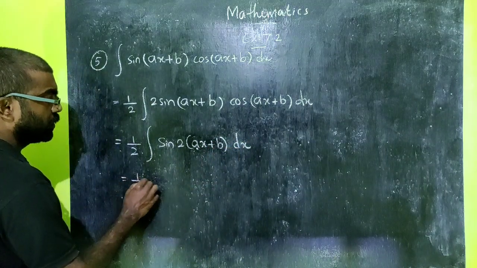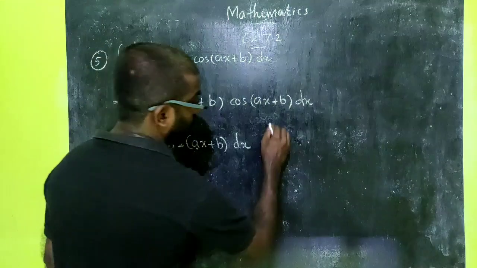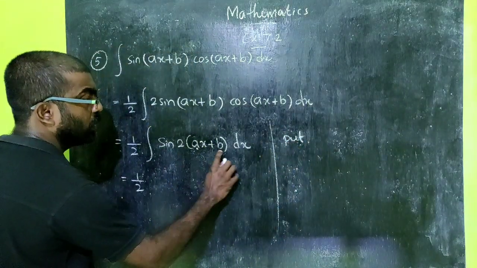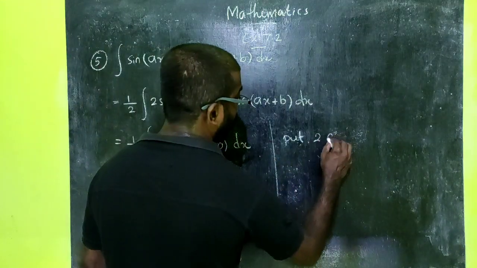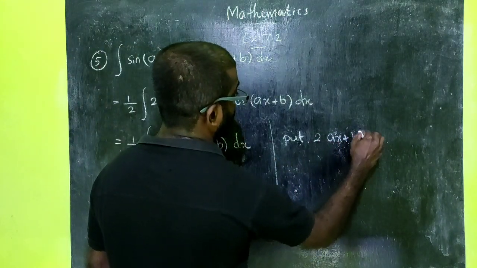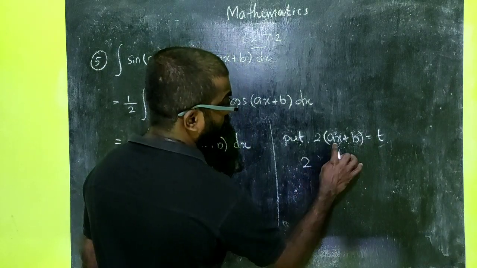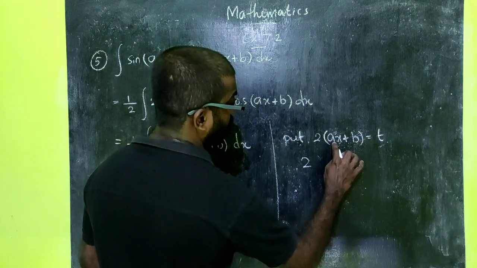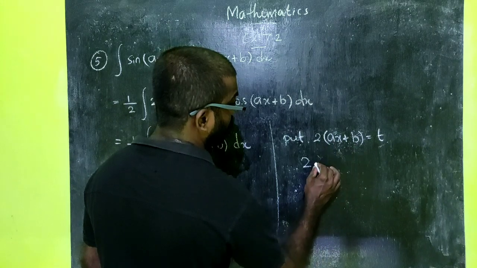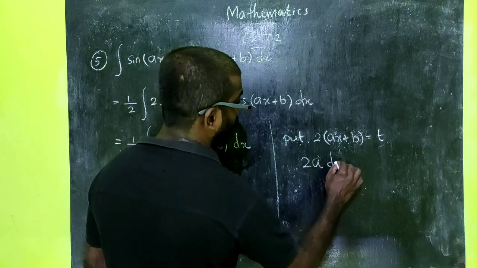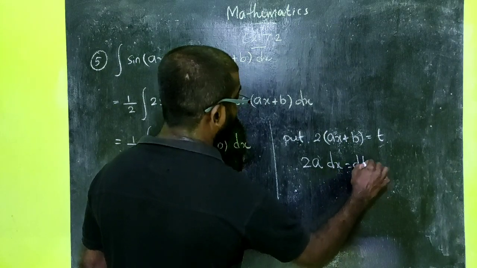Now we can make the substitution. Here we can put this whole term, 2 into (ax plus b), equal to t. So 2 into the derivative of ax plus b. a into 1, that is a, the derivative of b is 0. Okay. So 2a dx is equal to dt.